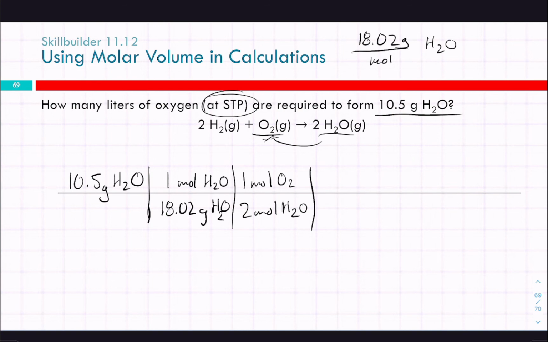Now, how do we calculate liters of oxygen at STP from moles of oxygen? 22.4 liters per 1 mole. So 10.5 times 22.4 divided by 18.02 divided by 2 gives us 6.53 liters of O2.